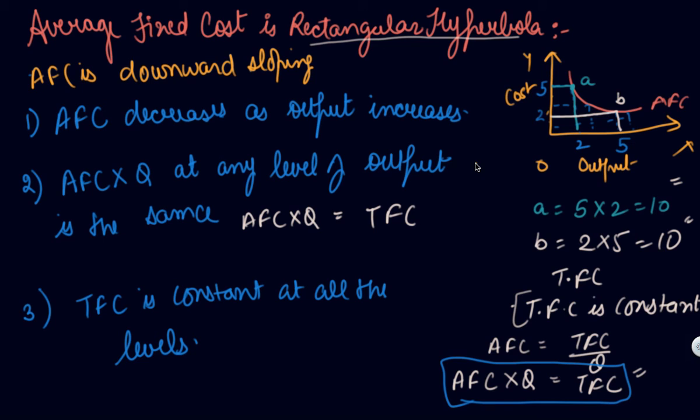So your cost cannot be 0 or negative when you produce something, and especially your fixed cost cannot be 0. So it will be positive, but it will be reducing in the short run.